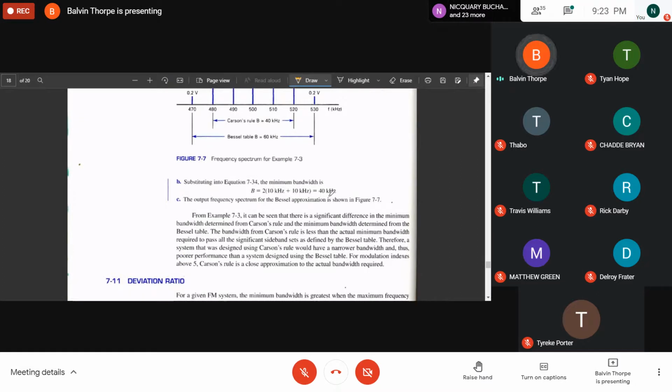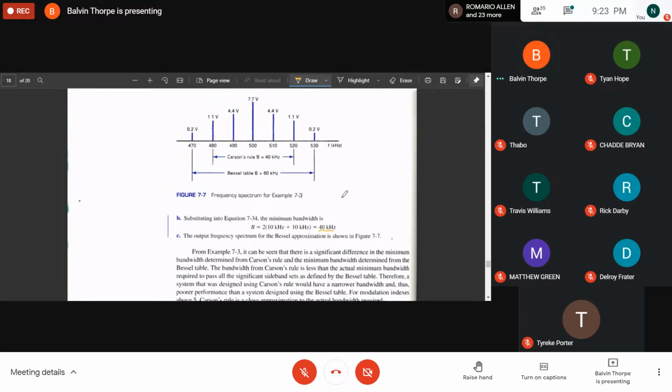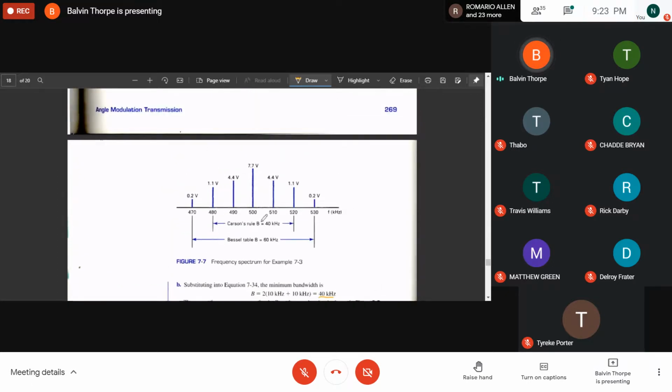So you see, this is an approximation using Carson, as 40. What Carson did was to say, okay, based on the values that you're given, in terms of how much these two are contributing, we can get rid of those. They're not contributing much. They're not a whole number contribution.